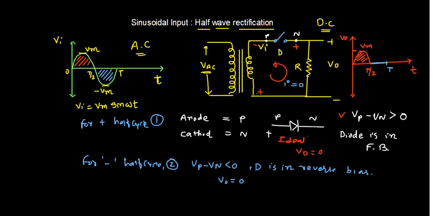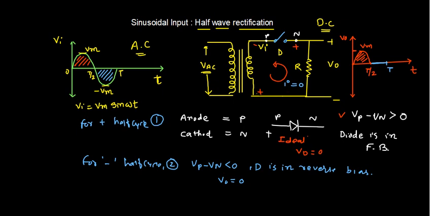Because I equals 0, finally the output voltage across this R will become 0. So this is how we are getting the half cycle. The positive part of that half cycle is similar, input equal to output, but the negative part is 0.